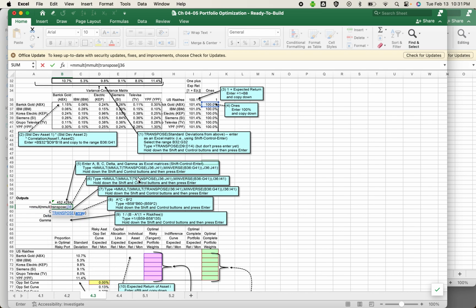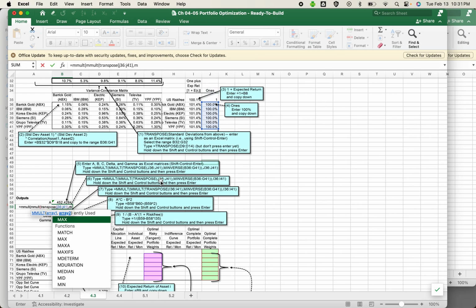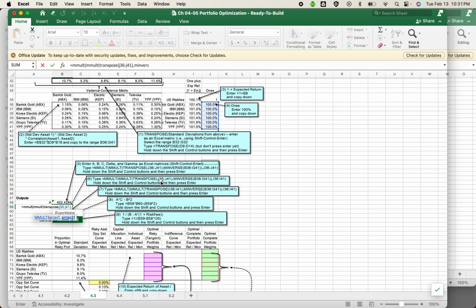J36. So what I'm doing here, I'm literally just copying these formulas. J36, J41, close, matrix inverse, B36 through G41. And notice once I finished typing in this range, it highlights it. So it also helps me know that I entered this correctly.